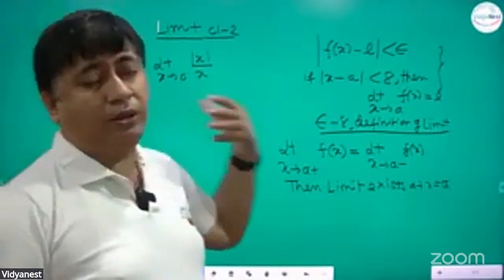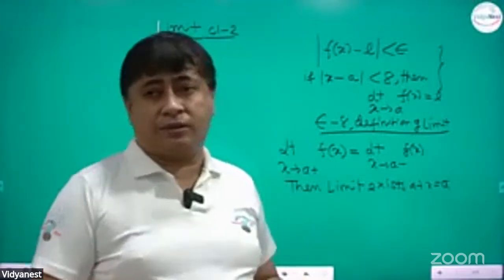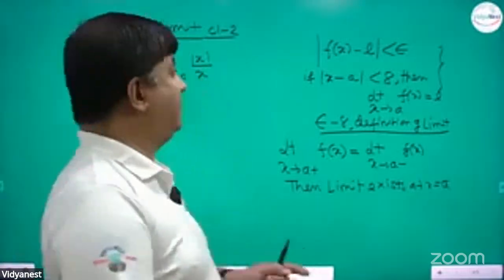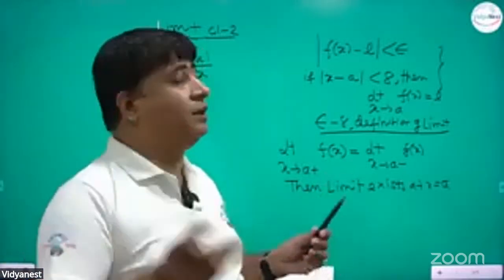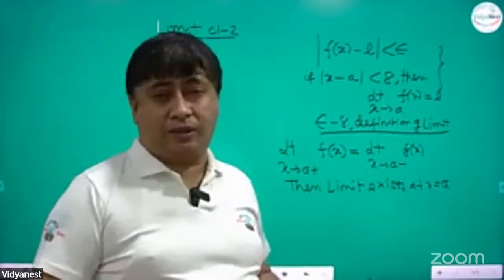Last day I told you that if you get mod x, or root, or box x, this type of function, then instead of finding the limit directly, first you check whether the limit exists or not.